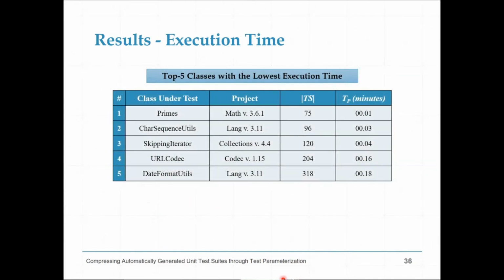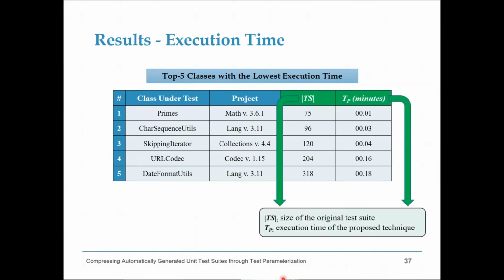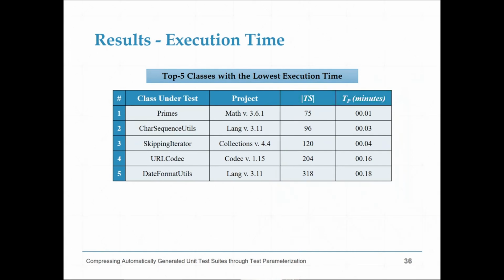Here you can see the top 5 classes with the lowest execution time. As you can see in the table, T sub S shows the size of the original test suites and T sub P shows the execution time of the proposed technique. For example, primes as a class under test has the lowest execution time, which is 0.01.